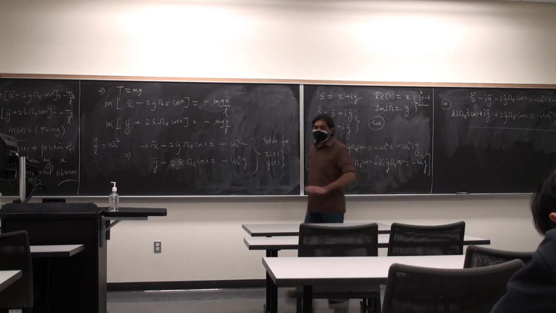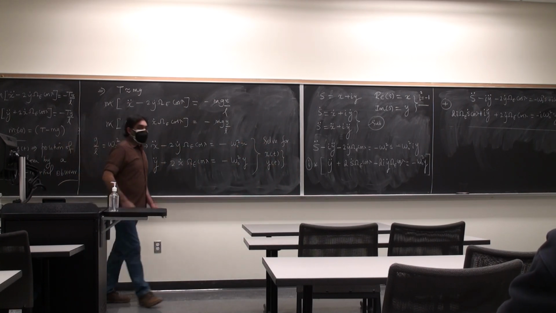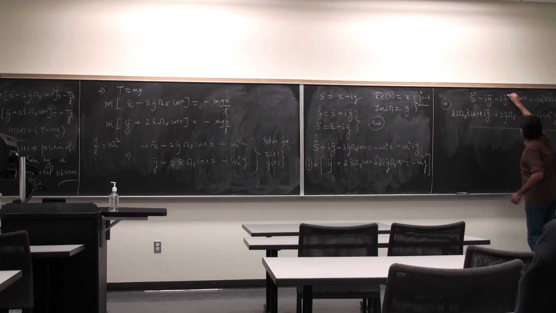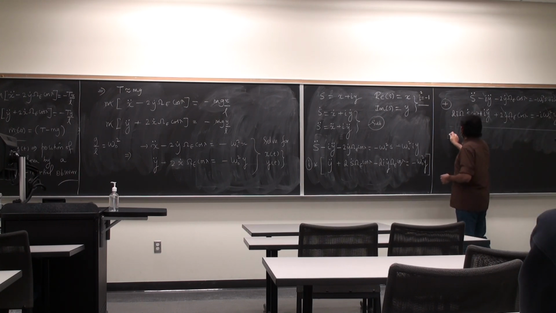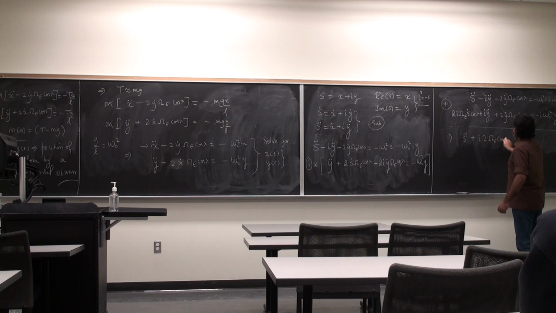Add these two up, the y double dots, y dots, and the y term will cancel. I will have a differential equation only in s. So add these, this is gone, that is also gone. So here is my equation: s double dot plus 2 omega_e cosine lambda s dot minus omega naught square s.